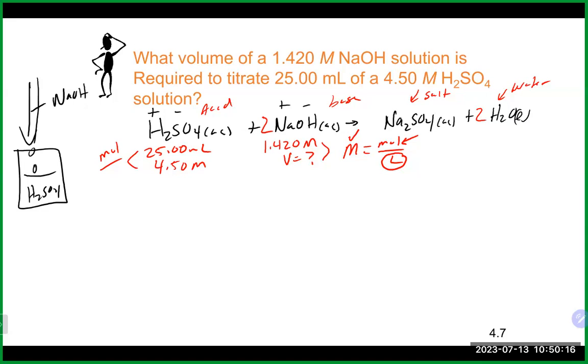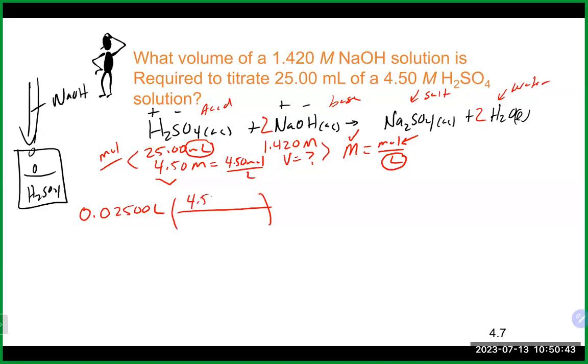All right, so clearly the place where we need to begin is with the moles of this guy, because that's the only thing that we have. We do again need to convert our volume into liters, so we could divide by 1,000 or move the decimal place. Either way, that gets you 0.025 liters. We're going to use our molarity here as 4.50 moles per liter, so we can see both units.